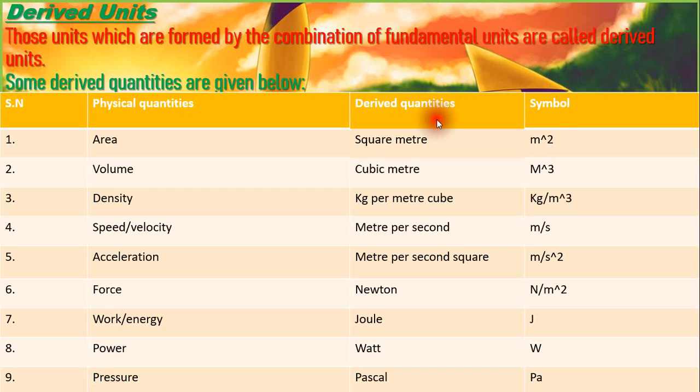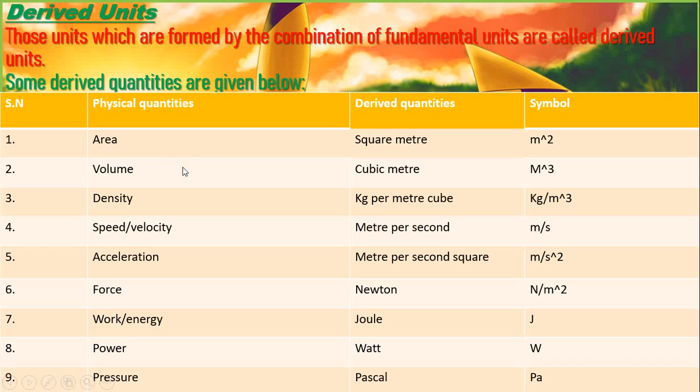Here we can see that the symbol of square meter is m to the power 2, and like that m to the power 3, kg per meter to the power 3. These all are the symbols of these units.